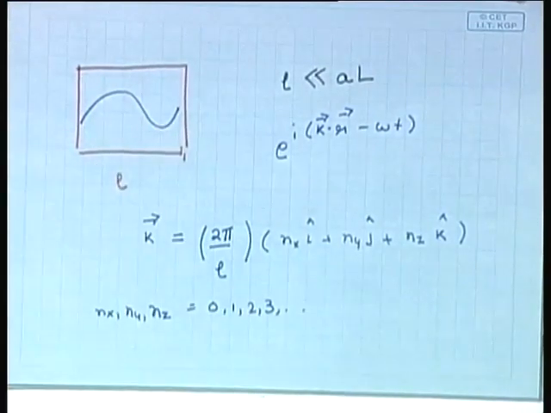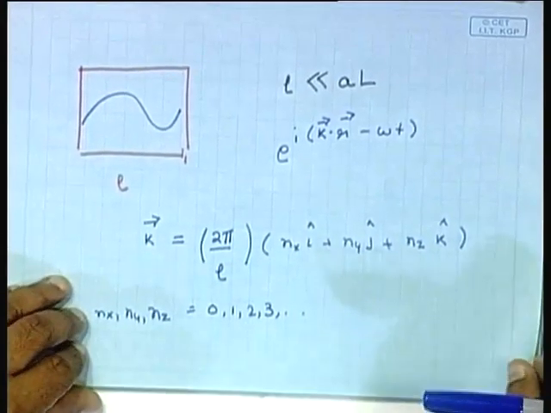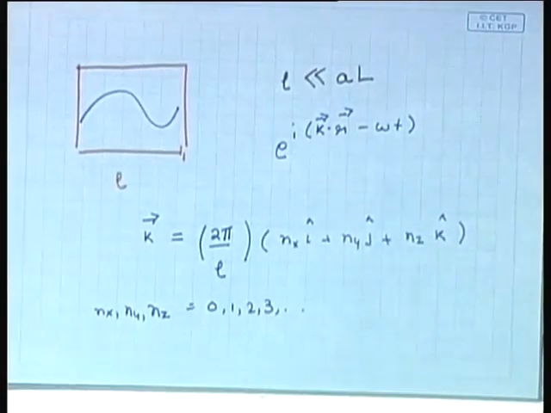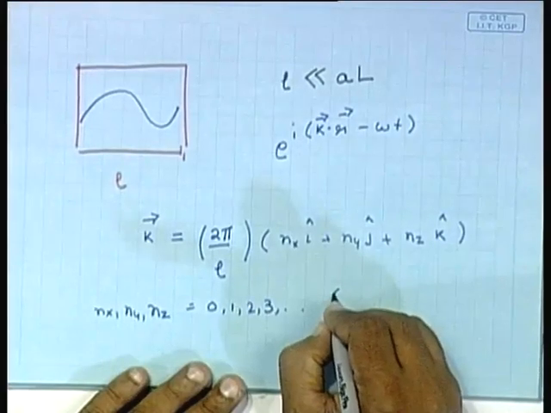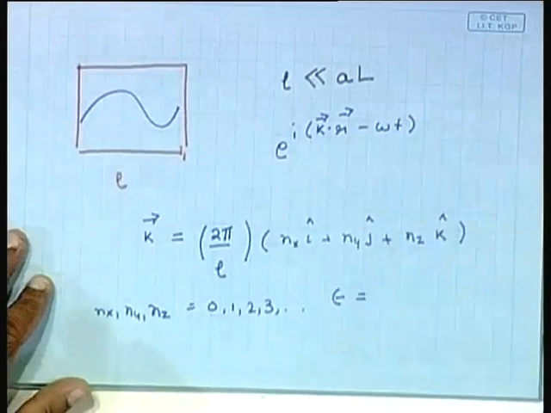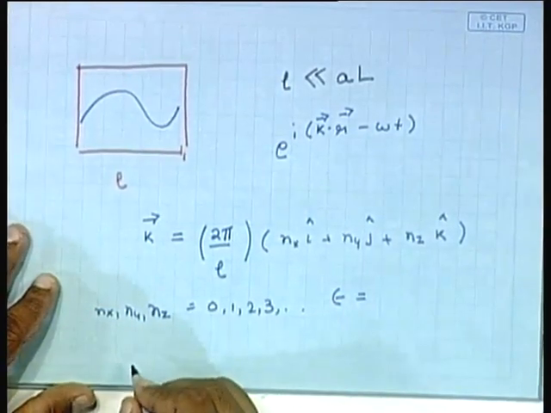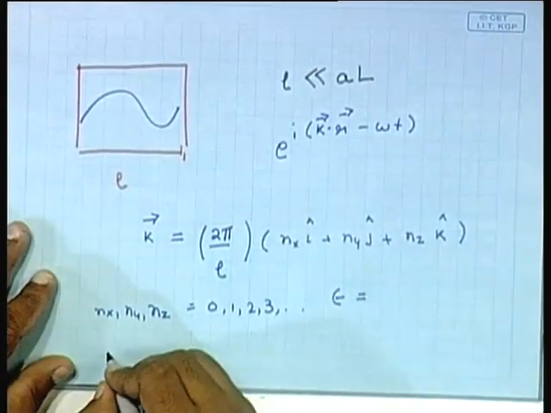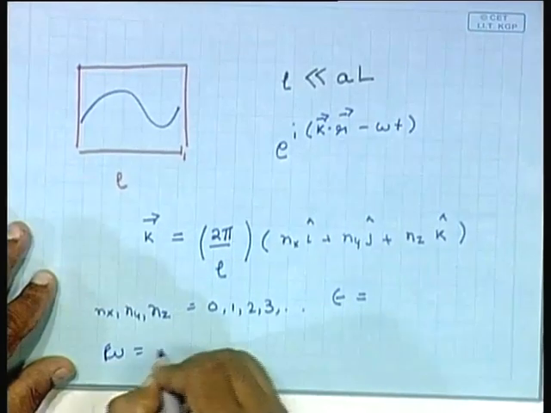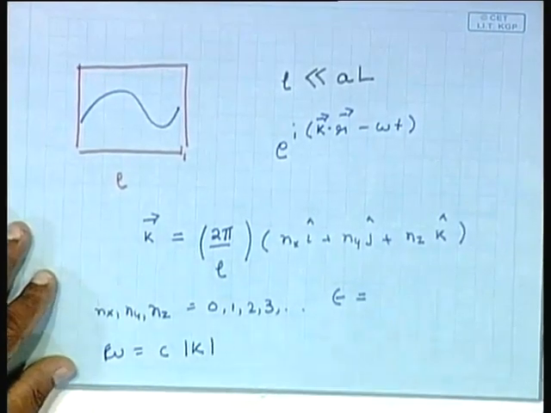So, we can decompose the electromagnetic field inside the box like this, and the excitations of these modes we interpret as particles. These excitations are quantized, and we call them photons. For these electromagnetic waves, the dispersion relation of each mode is omega equal to c times mod k.